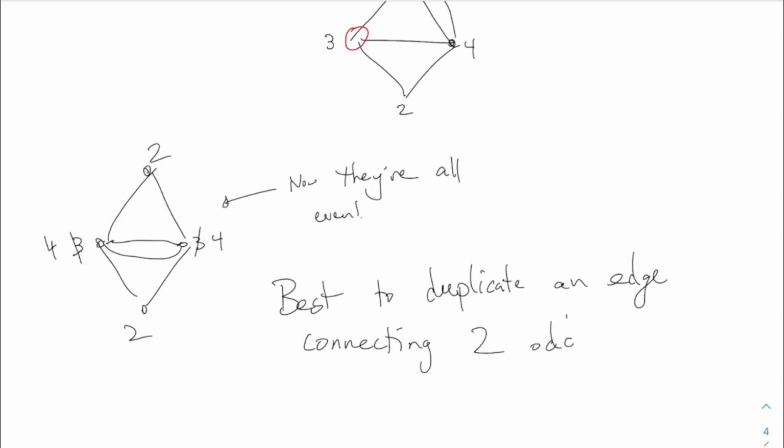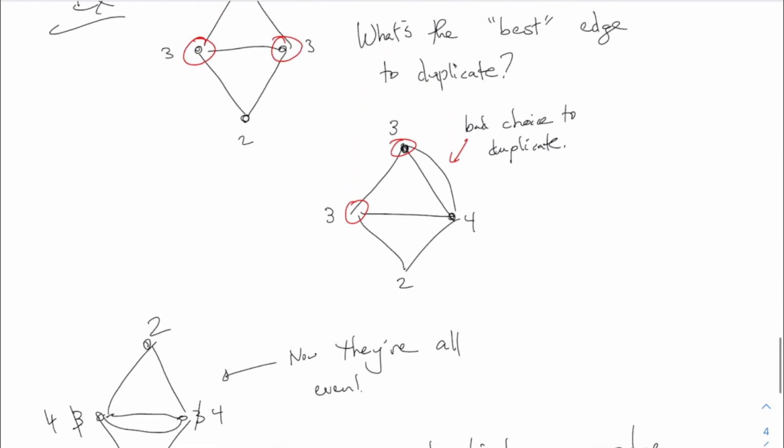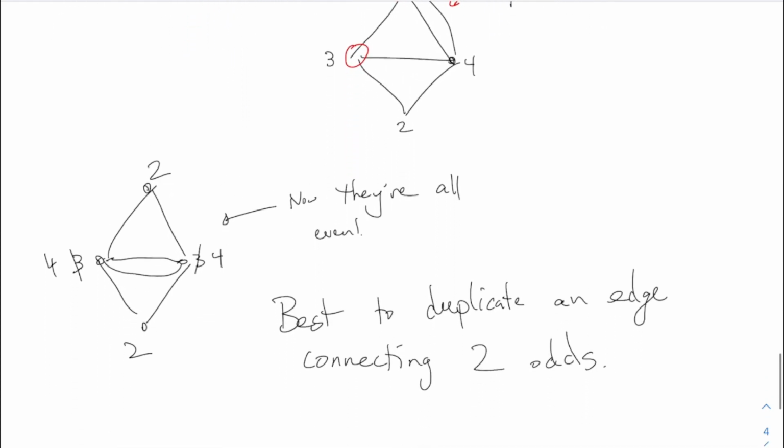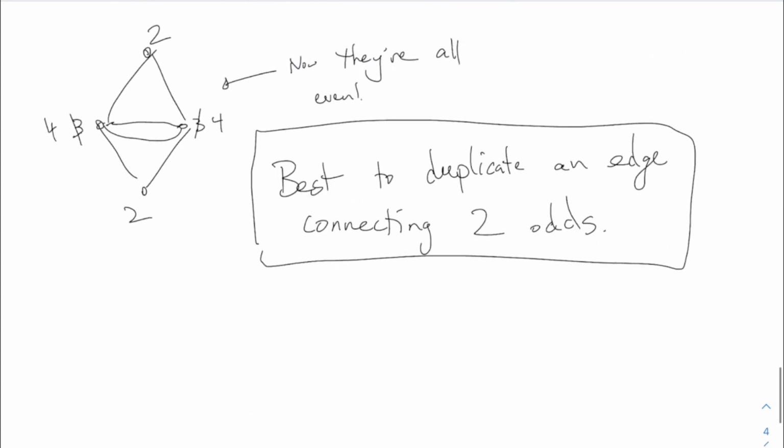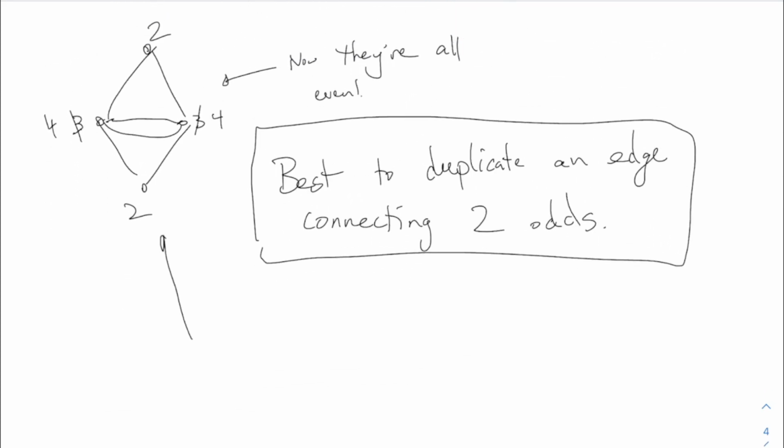Right? I had 2 in the original picture. I had 2 3's. And when I add that edge there, they become 2 4's, which is great. They're not odd anymore. That's what's good about it. So it's best to duplicate an edge connecting 2 odds. If you just duplicate an edge connecting 1 odd to an even, then you don't really solve any problems. You should duplicate an edge connecting 2 odds. Now they're all even. So this one here, I can make an Euler circuit in there now.